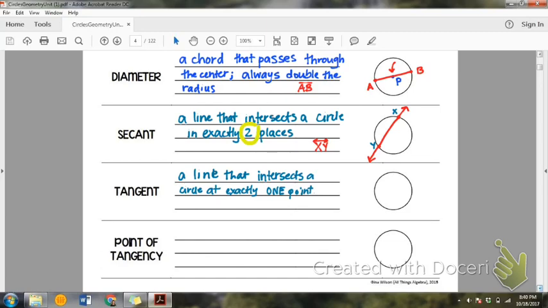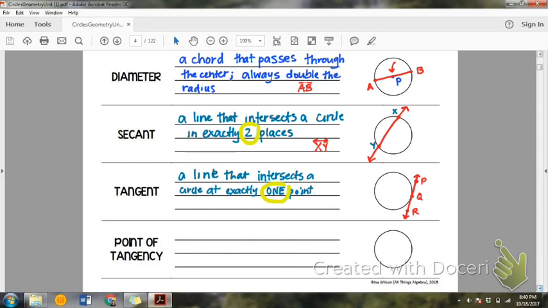A secant intersects at 2 points. The tangent intersects at 1 point. So it looks something like this. I'm going to draw this point over here. I have a line that just barely touches the circle, and it only touches at 1 point. I could draw a couple more points on here. I could say that this is P, Q, R. So that line, PR or QR, remember you can name a line with any 2 points. That line is tangent and only touches the circle one time.